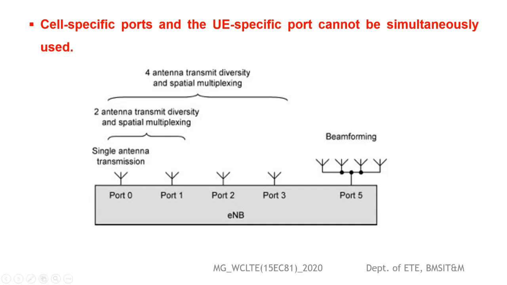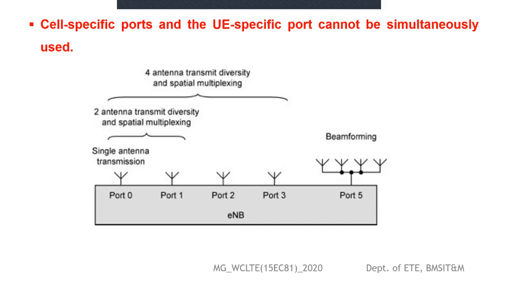Port 0 is for single antenna transmission, ports 0 and 1 are used for 2 antenna transmit diversity and spatial multiplexing, and ports 0 to 3 are used for 4 antenna transmit diversity and spatial multiplexing.